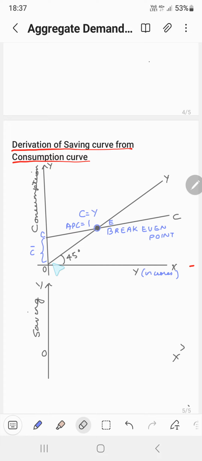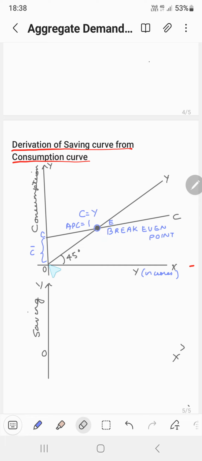So in this graph which is drawn previously, we have shown that income is shown on the x-axis and consumption is shown on the y-axis. Then you have the two basic curves, that is the income curve represented by OY and consumption curve represented by CC.